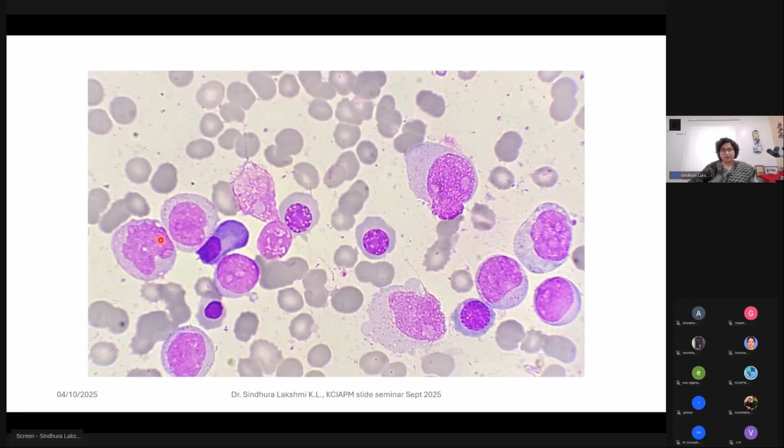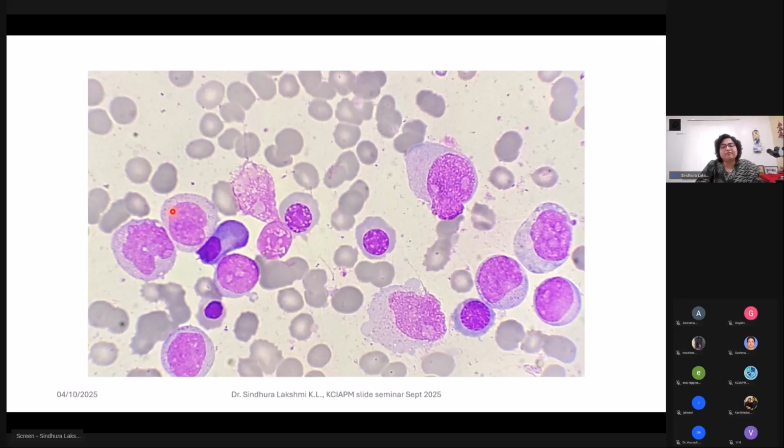These two are promonocytes. So you have myeloblasts, monoblasts, and promonocytes. In this, if you do a non-nucleated cell count, you will see about 20-25% myeloblasts, but combined monoblasts and promonocytes would be nearly 80%.